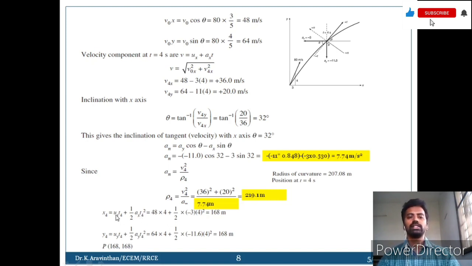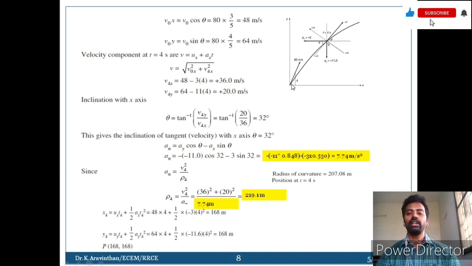So ux here is 48, that is the initial velocity, and the acceleration is -3. Time is 4. If you apply that, you will be getting 168 meter. And for the y distance, uy is 64 and ay is 11. If you substitute this, you will be getting 168 meter.